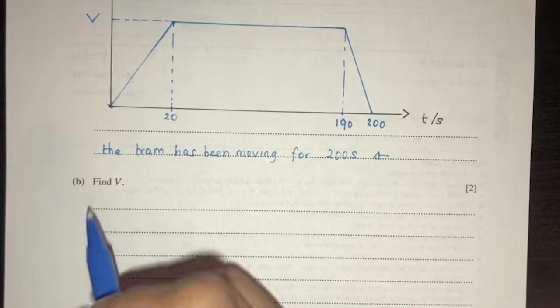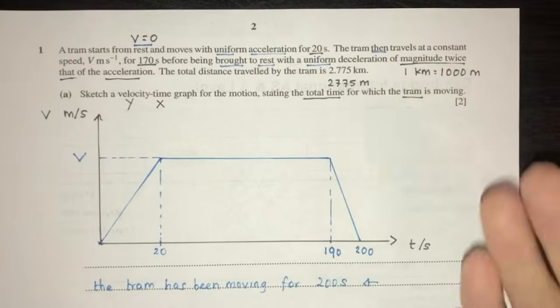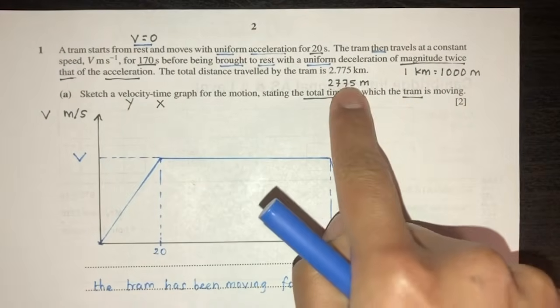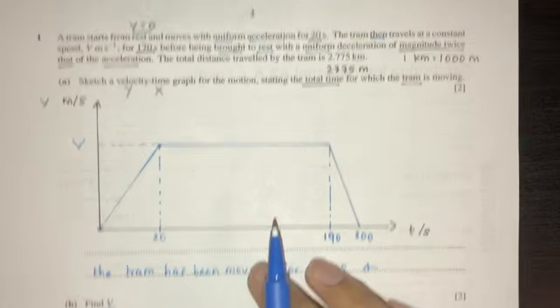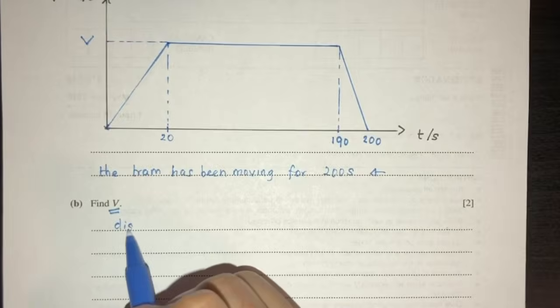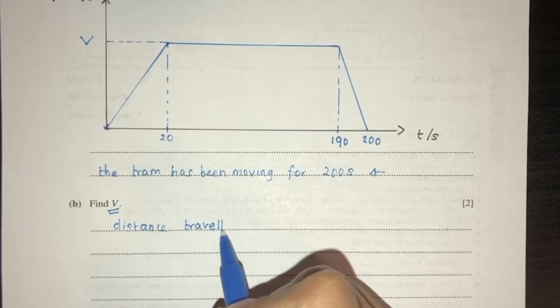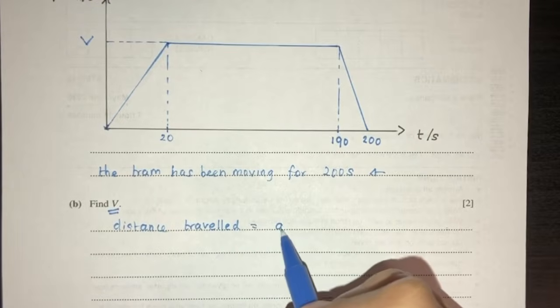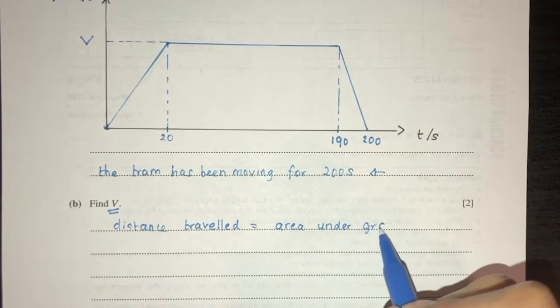Now for part B, we have to find the value of v. To find the value of v, we have to look at the information that we are given. Whenever you have a velocity time graph, you have to know that distance traveled is equal to area under the graph.